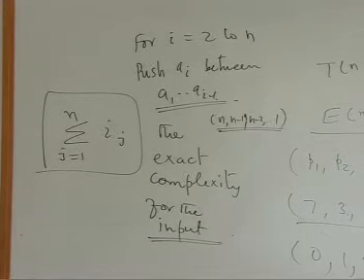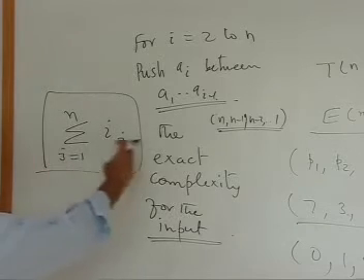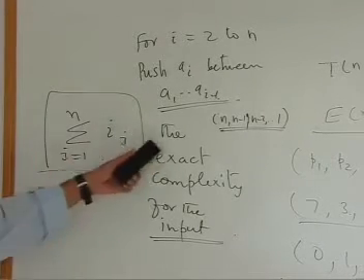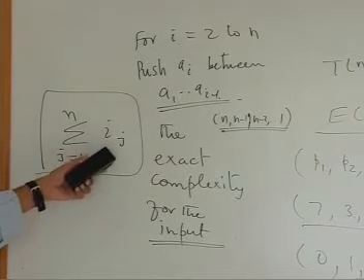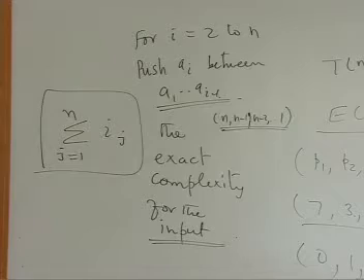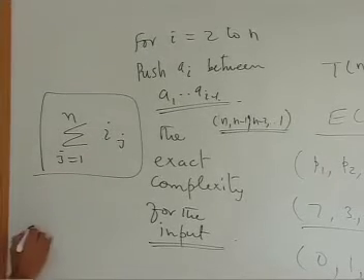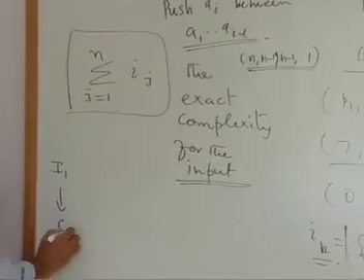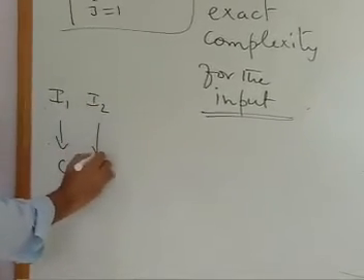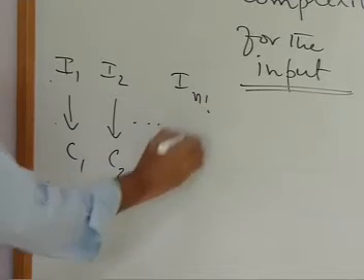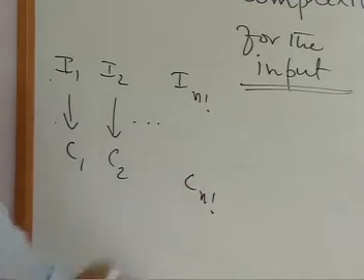Now, how do you find the average case complexity? The average case complexity is: you have to add all of these and divide by factorial n, because for each input you know this much is the labor. For input 1 there is a complexity C1, for input 2 there is a complexity C2, for input n factorial there is a complexity C n factorial.